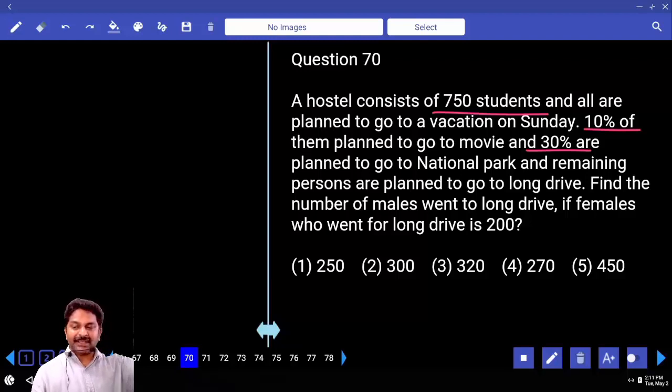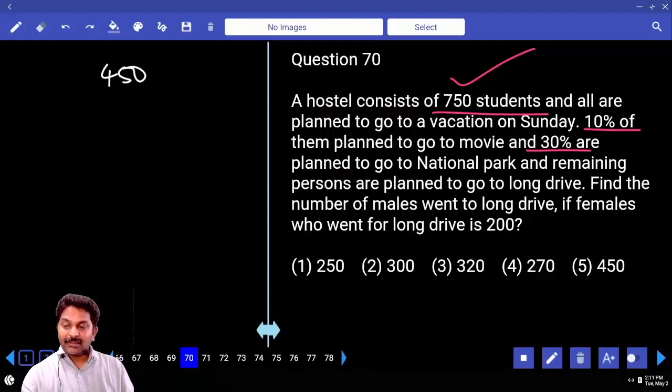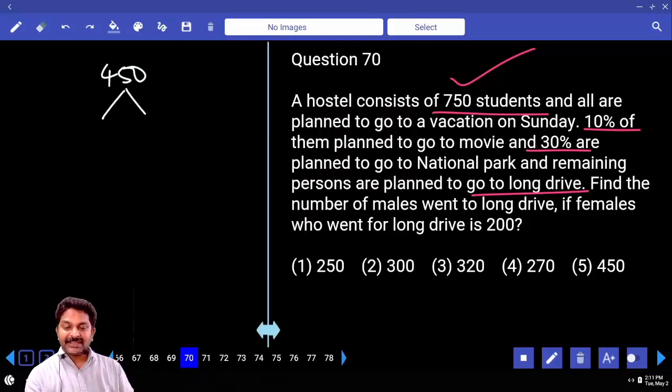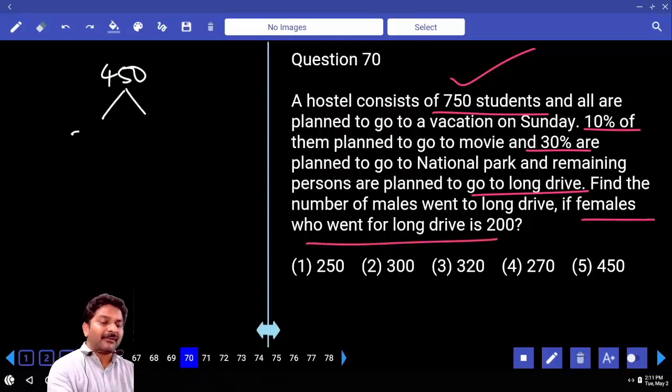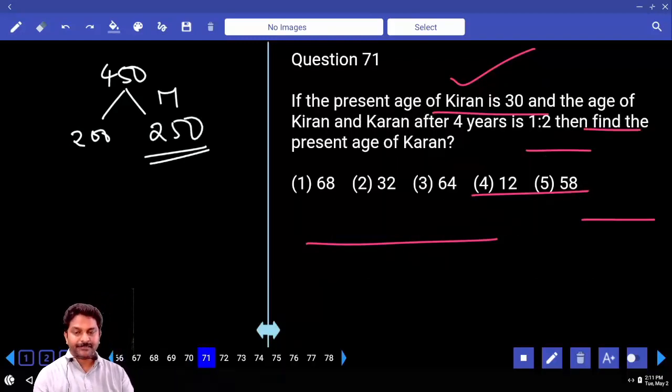So far 40% planned to go to a movie and the national park. 40% of this number, 10% double. So 300 already left, right? Remaining how many are there? They are going on the long drive. So out of 450 you will have male and female. They said females who went on the long drive are 200, then male must be 250.